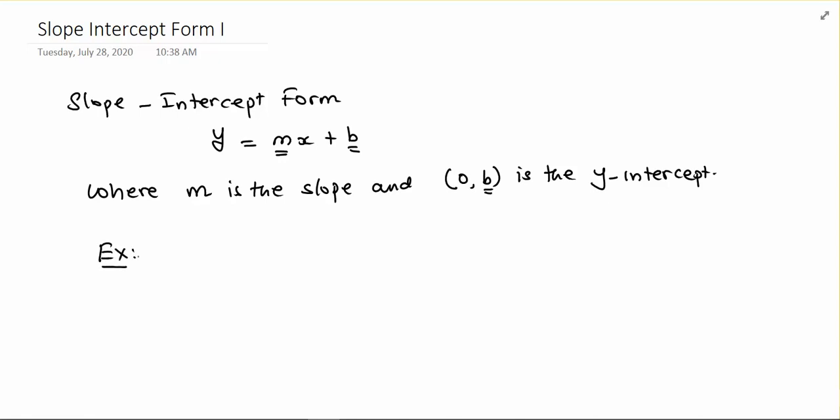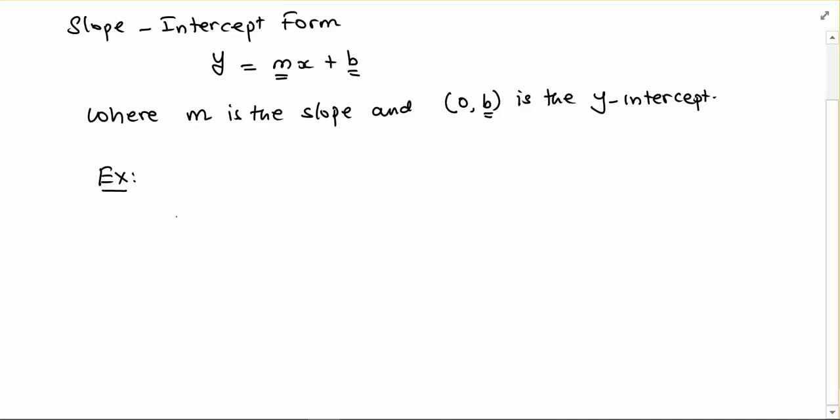All right, so let's say that we have an equation y equals 3 halves x plus 5. Well, then the slope m is equal to the number in front. Now be very careful, it's just the number in front, right? So that's 3 over 2.